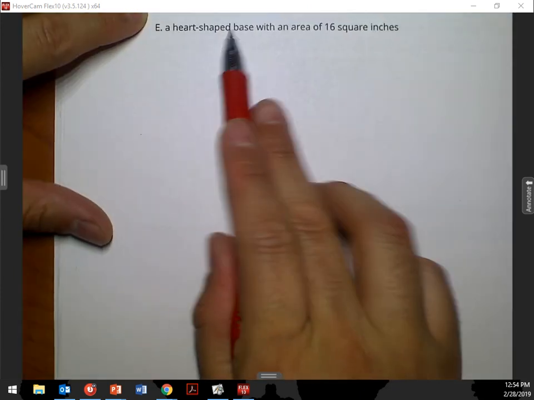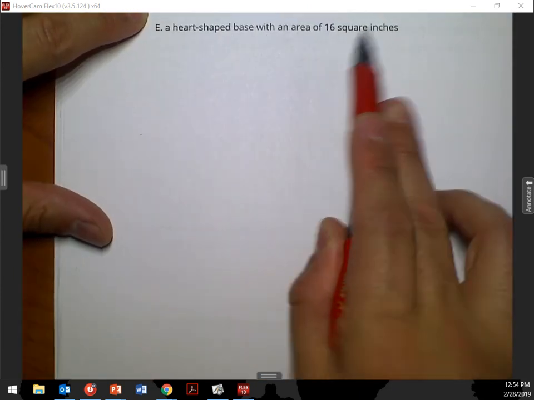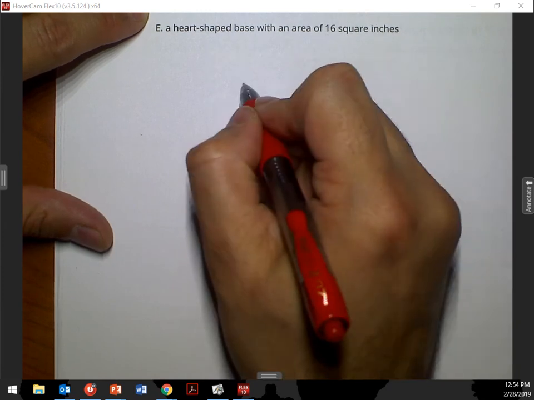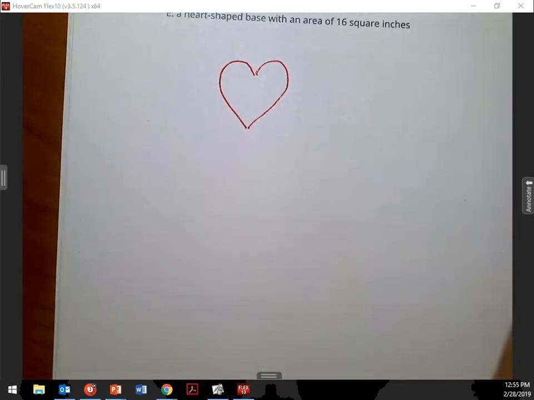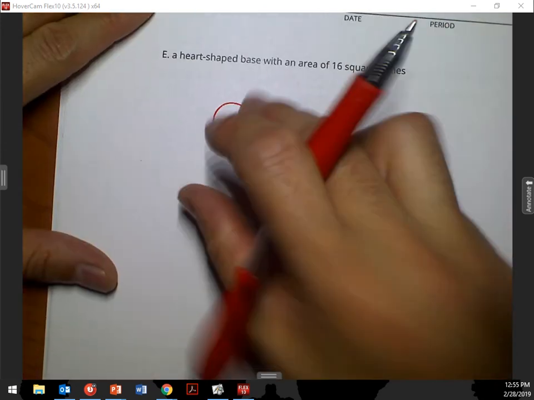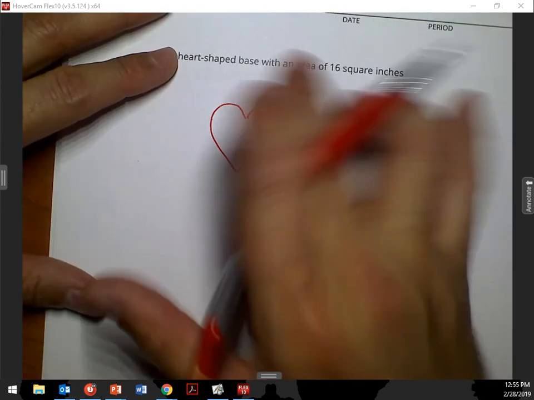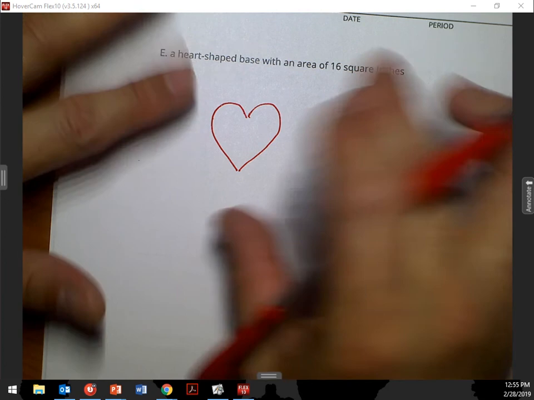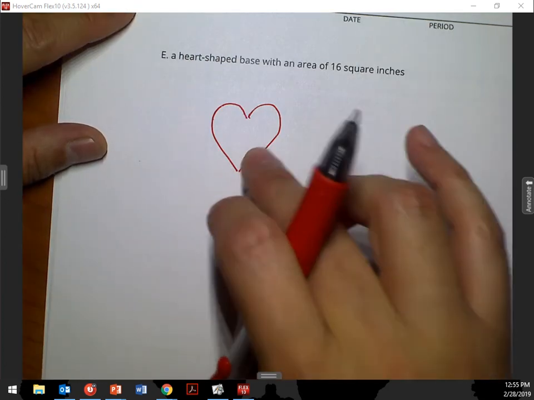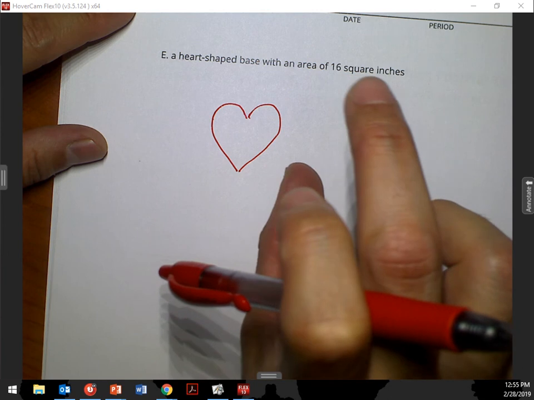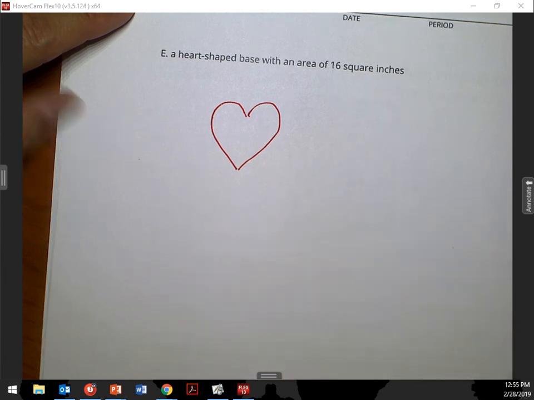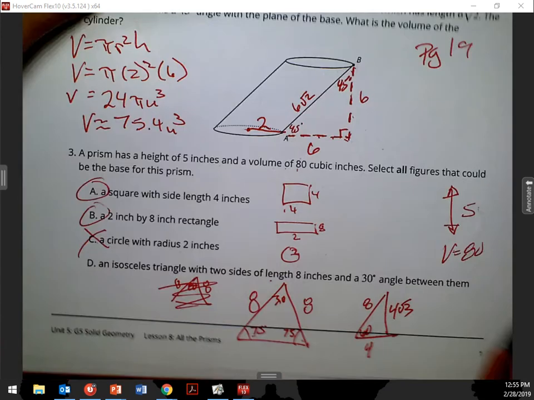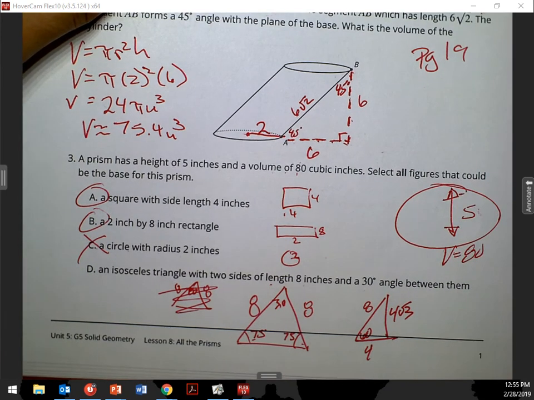A heart-shaped base with the area of 16 units. Now, do we have the area of the base? If you paid attention previously, I take the area of the base and multiply it by the thickness, right? What's the thickness on this one? Oh, that's the same question.